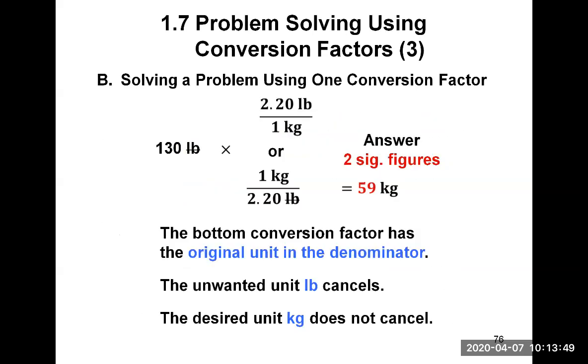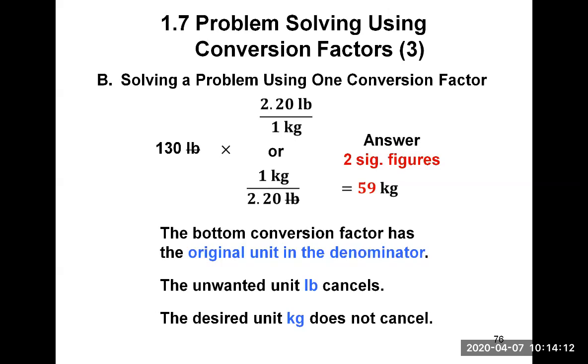Look at the table of common equalities within the metric system, within the English system, and between the English and metric systems. You need to look here because kilogram is a metric system unit and pound is an English system unit.